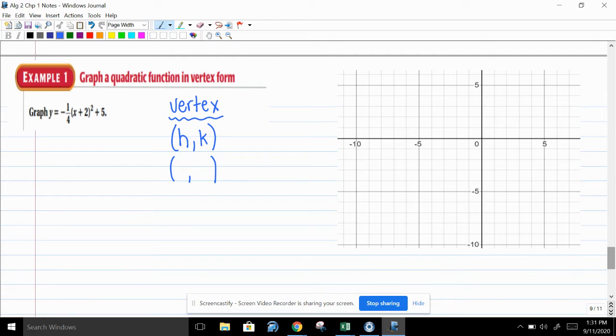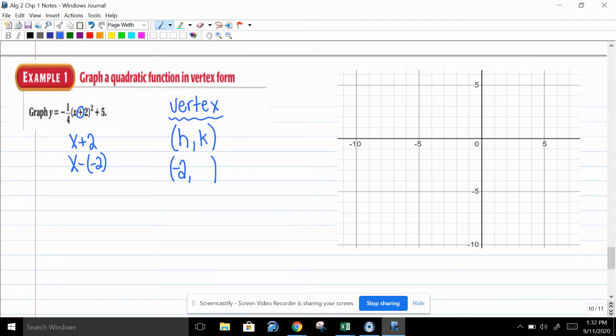Down here, we have a positive. Because it's a positive, I have to take the opposite, because we want that sign to be a negative. So x plus 2, guys, that's actually the same thing as saying x minus a negative 2. So my h value is actually negative 2.